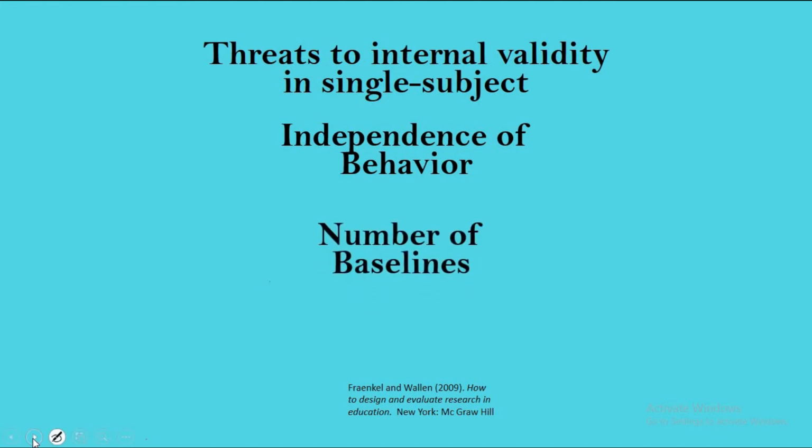Then the number of baselines. So, the number of baselines, as I've mentioned a while ago, should be at a minimum of 3. So, mas maganda kung mas marami pa. And the degree as to when to stop doing a baseline and when to stop doing an observation, even in treatments, is specifically when you can see that the pattern is already consistent and is sustained.